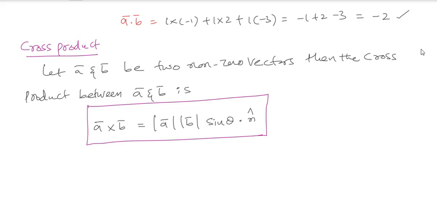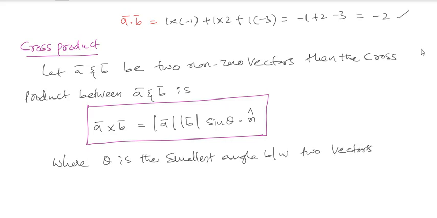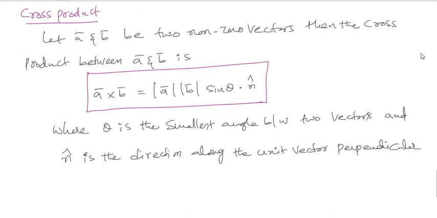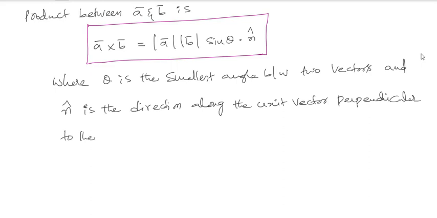So this is the cross product, where theta, as usual, is the smallest angle between two vectors, and n cap is the unit vector along the direction perpendicular to the plane.